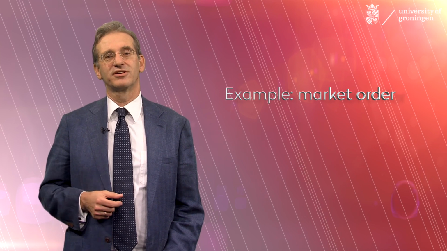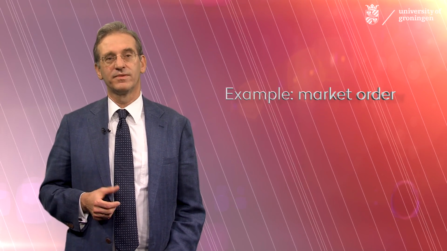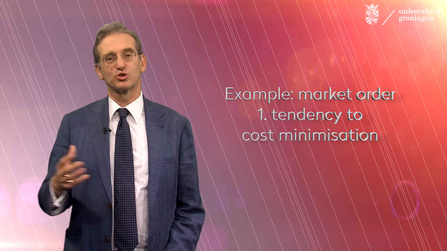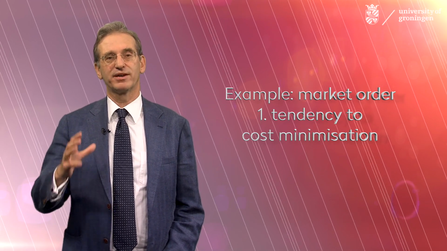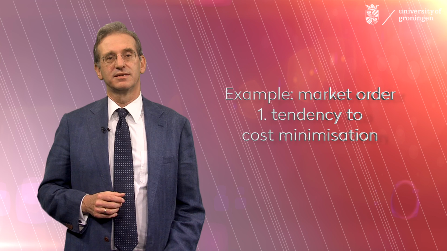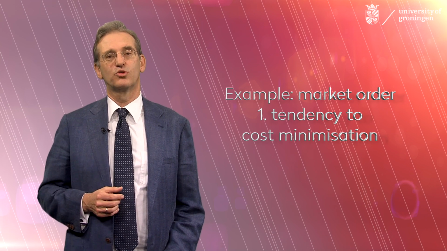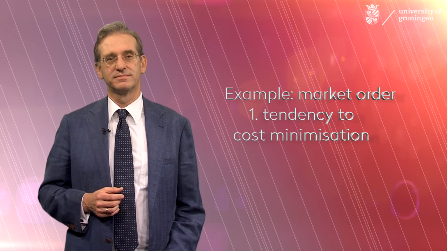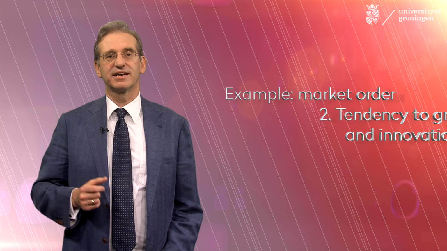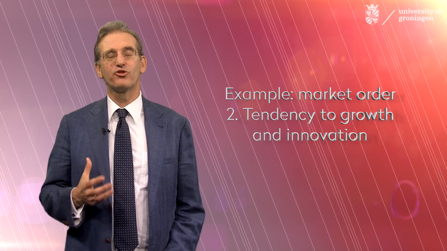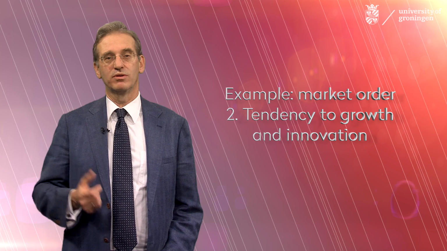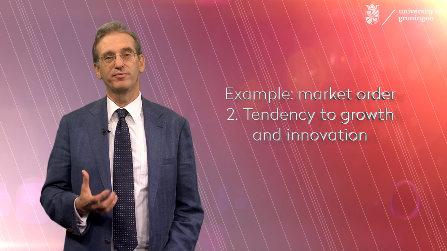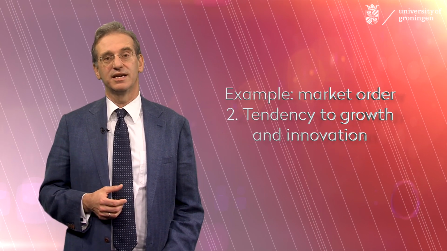There are at least three that I could mention. The first one is that in a market order, in a market economy, described by the rules that I just mentioned, there is a tendency to cost minimization. Secondly, there is a tendency to growth and innovation. A market economy tends to grow. In a market economy, you tend to see innovation.